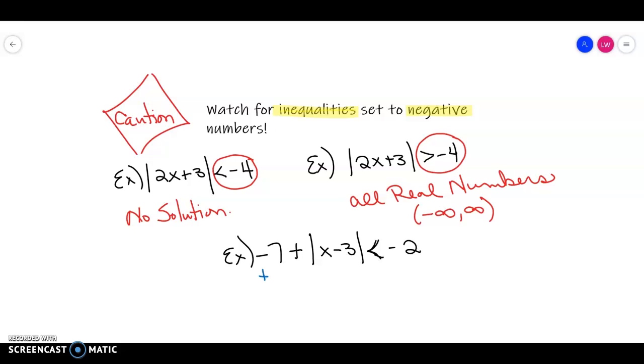Notice when we add the 7 to both sides, then that's going to leave us with our absolute value less than a positive number.